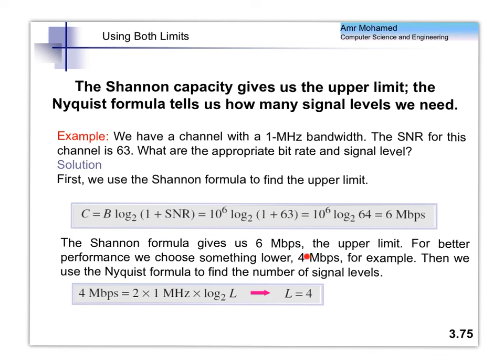So we have to reduce the typical actual throughput, or the actual rate that we can get on the channel, below the theoretical limit. So based on that, we use the Nyquist theory to calculate the number of levels. So if we increase this number of levels more than that, this means that the actual data rate that we will use on the channel is more than 4.